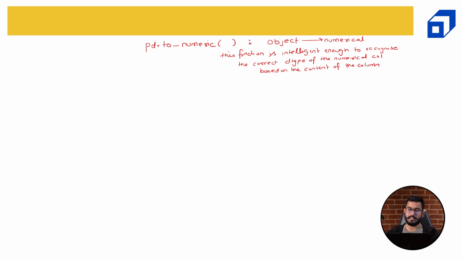So if the column has floating values, it will be converted to float64. If it is an integer, it will be converted to int64.